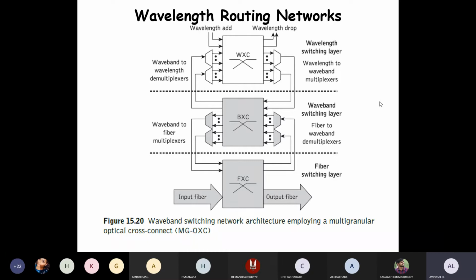In the second layer, the fiber to waveband demultiplexer happens. Whereas the last layer is the fiber switching layer, with input fibers and output fibers; that is called the fiber cross connect, FXC. Here the waveband demultiplexer is called BXC, and the wavelength switching layer is called WXC.